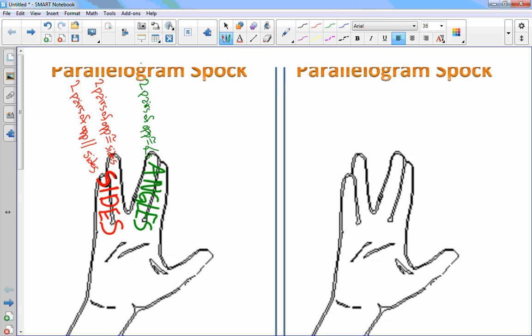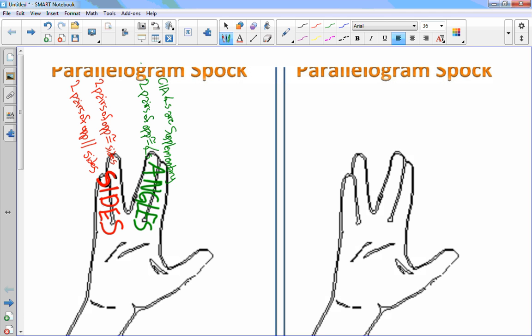Consecutive interior angles, CIA. So they also have CIA angles here, here, and here. There are four sets. So CIA angles are supplementary. They'll only be congruent if it's actually a rectangle.